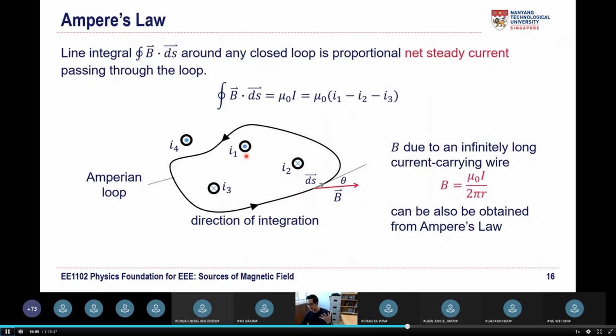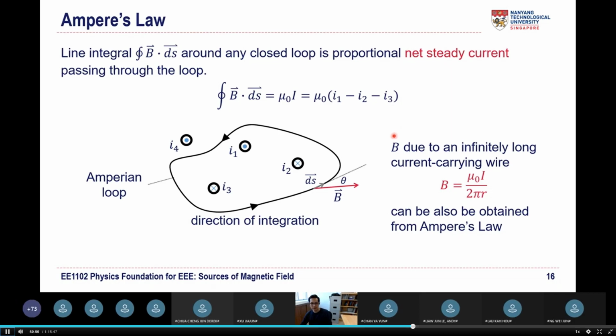In this case, I am defining something that is coming out of the page to be positive and something that is going into the page to be negative. So I1 minus I2 and minus I3. So that net steady current is going to be proportional to the line integral around this Amperian loop. And in this case, of course, I4 is outside this closed Amperian loop, and that we can ignore in our calculation.